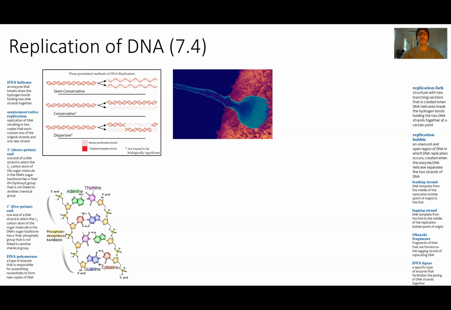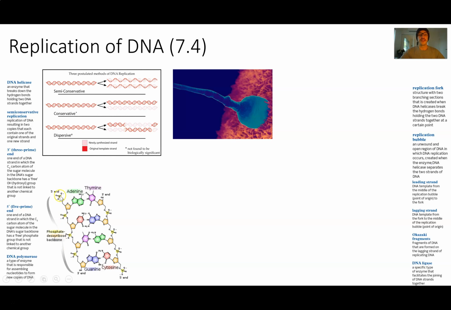The sugar phosphate backbone is made up of a sugar attached to a phosphate, attached to a sugar, attached to a phosphate. We have nitrogenous bases that bind to their complementary pair, which just means whenever you have an A, you have a T, whenever you have a G, you have a C, through hydrogen bonds, but over this side we have covalent bonds, which are much stronger because you don't want your DNA falling apart.